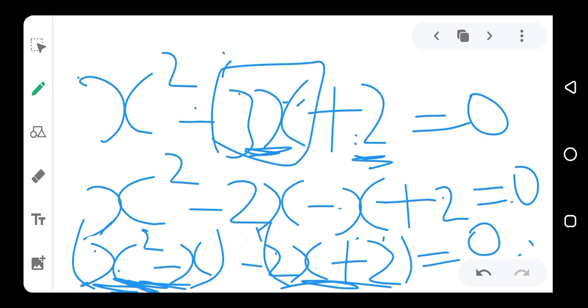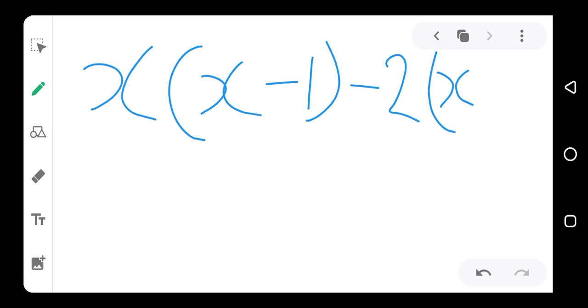Now remember that what we have inside the bracket is plus 2. So whatever we are going to get, we are going to make sure that if we multiply it with what is outside, we are going to get plus. Here we have minus 2 outside, and we have 1, but we don't know the sign to take, whether it is plus or minus.